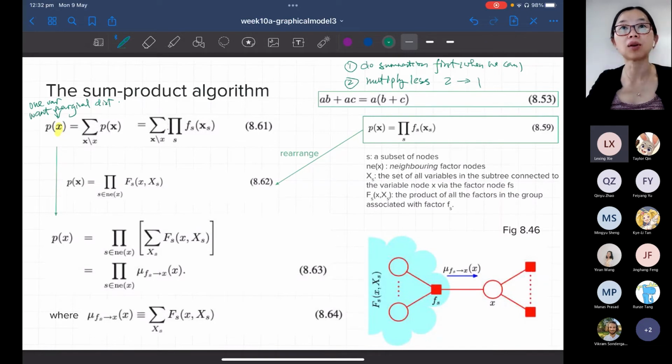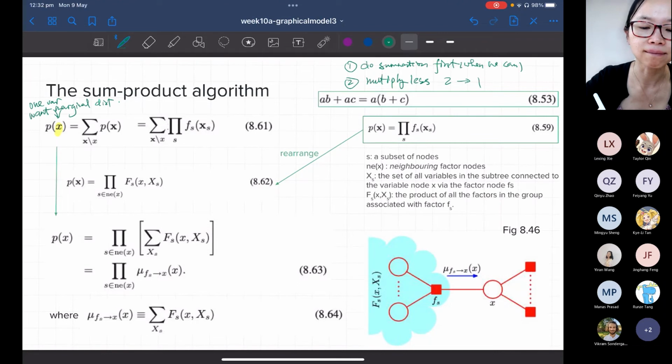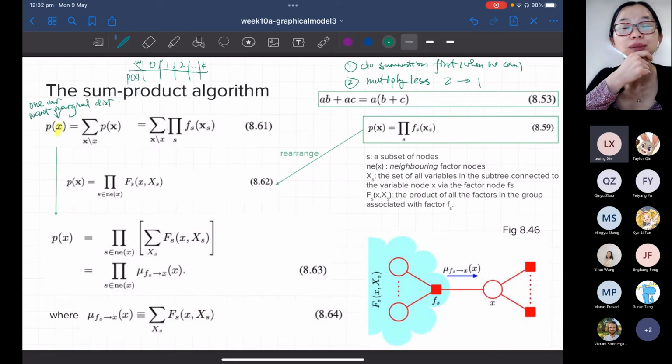This is sort of a small probability table of p of x and then the value of x, say 0, 1, 2, k. And we're expected to fill in this little marginal probability table.